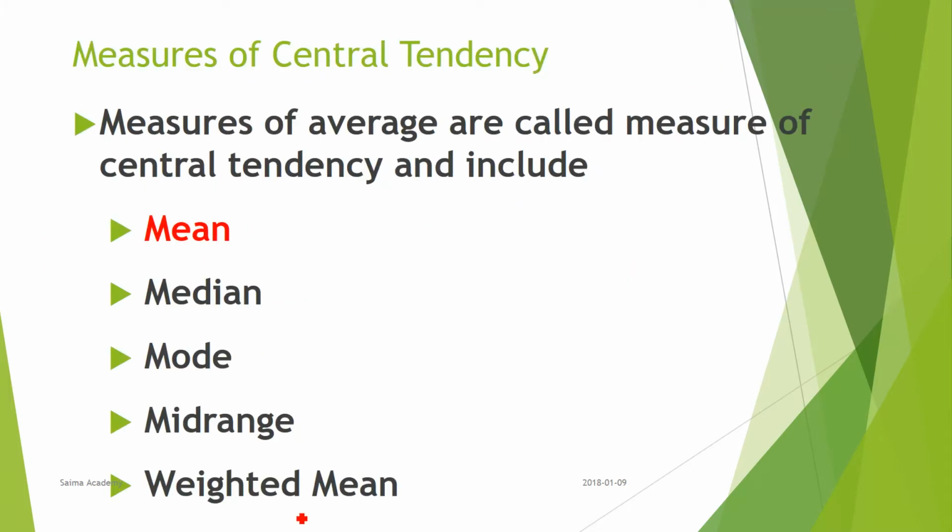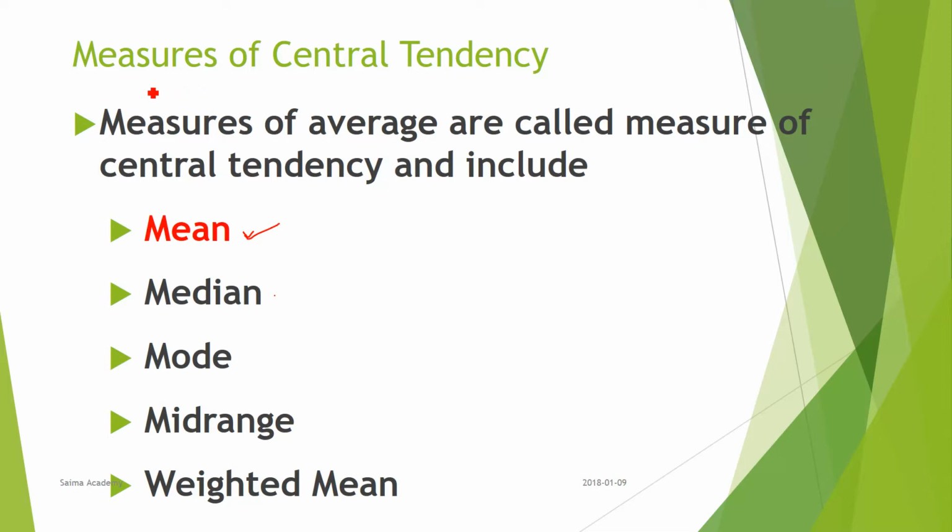And the tools or instruments which we use to calculate or to measure the central tendency are mean, median, mode, mid-range and weighted mean. And we will discuss one by one. This is our first lesson. In first lesson we will learn about mean, in second lesson we will learn about median and so on, right?